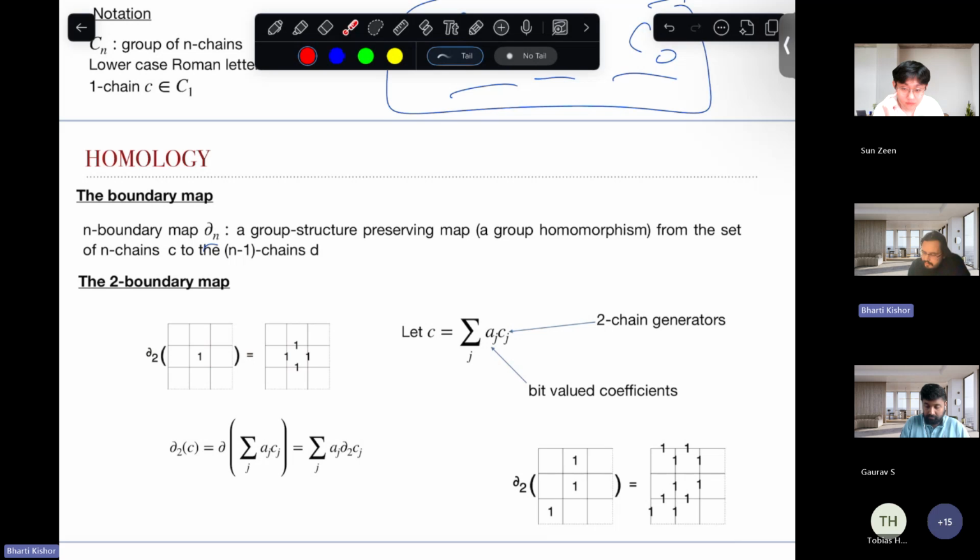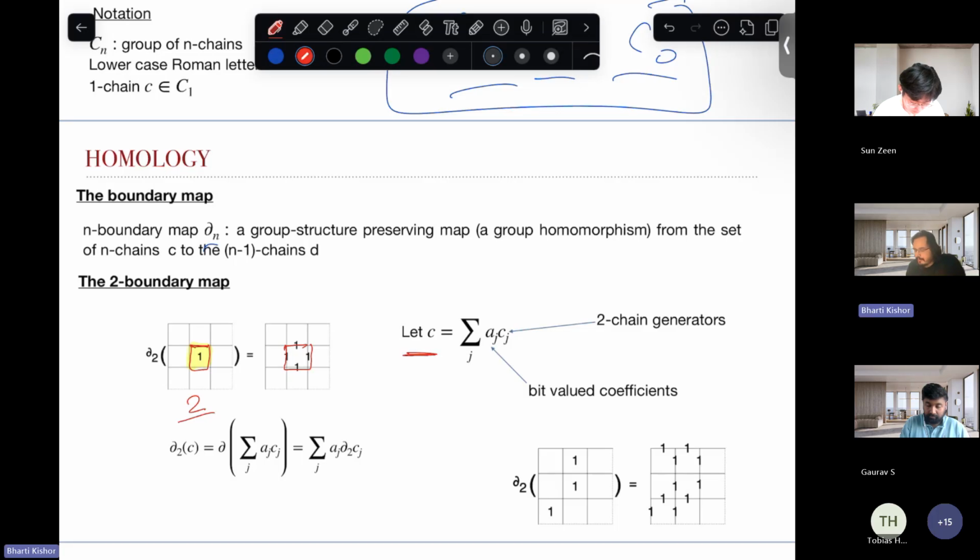Its boundary is this red object. So if you start with a 2 chain, its boundary will be a 1 chain, which is the boundary chain corresponding to that 2 chain.